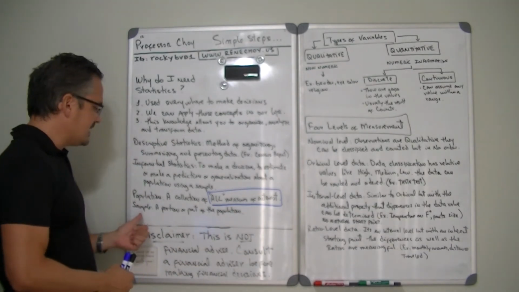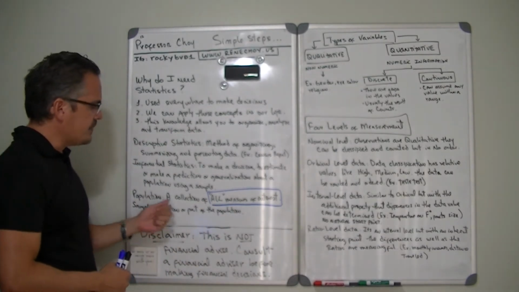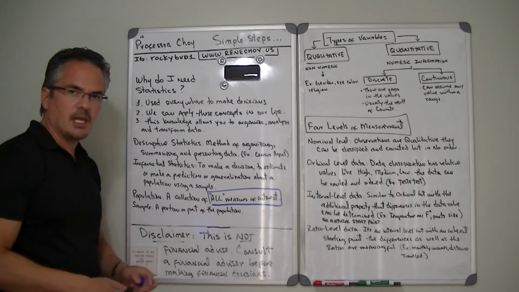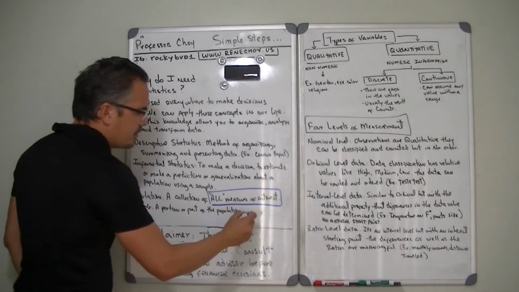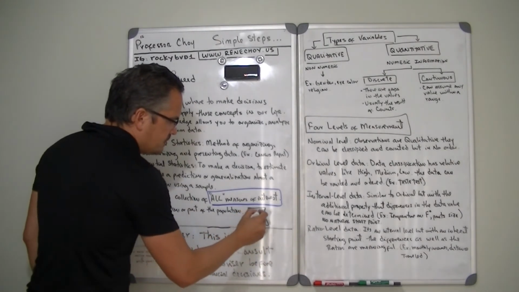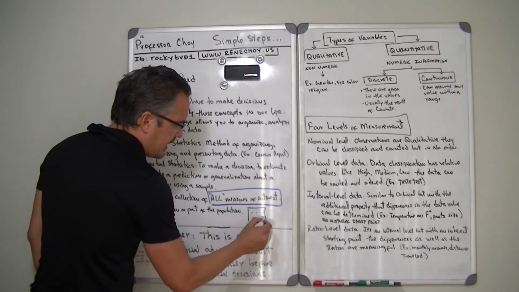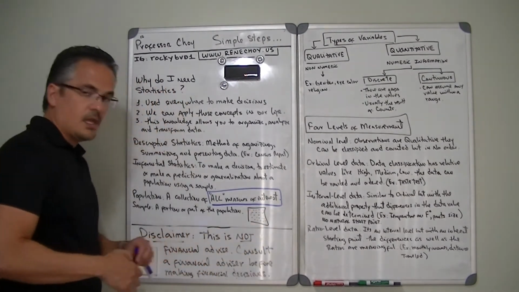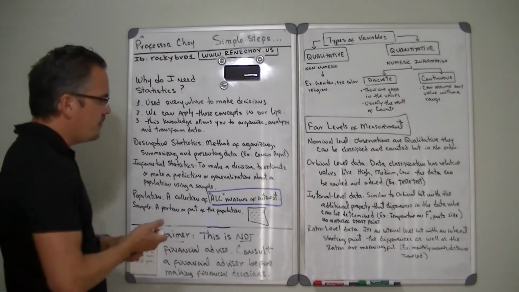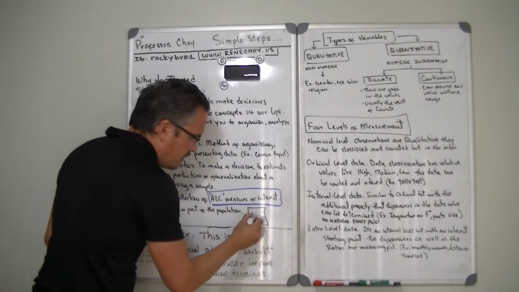Alright, now what exactly is a sample? Well, a sample is a portion or part of that population. So if I define my population as all the students in my class, for example, then a sample will be when I only take some of those students in my class.